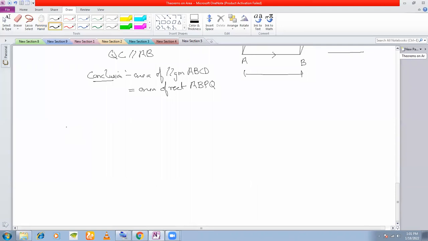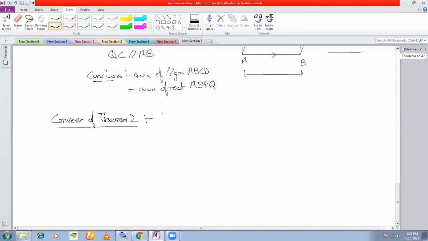Okay, so once we have finished this important theorem, we move to the converse of theorem 2. Converse is actually not too important, but still I'm just mentioning.